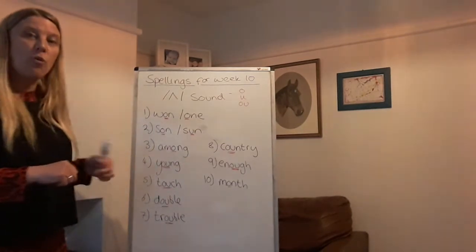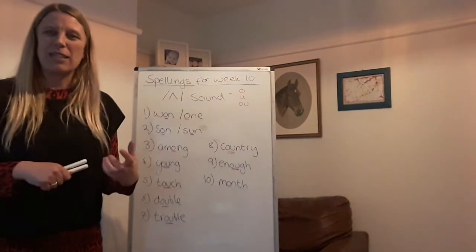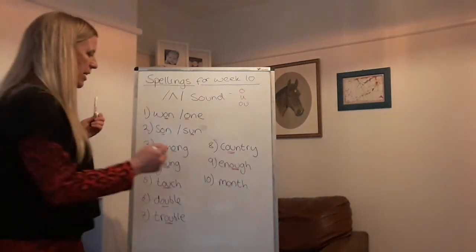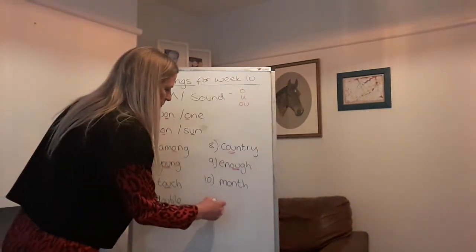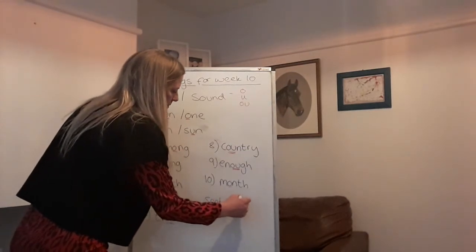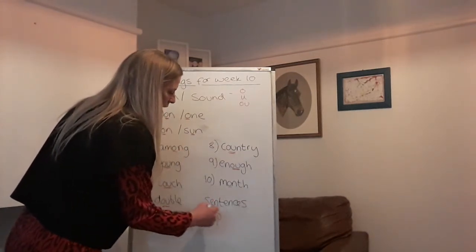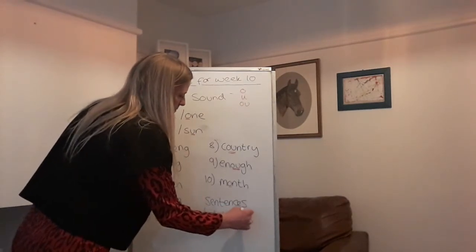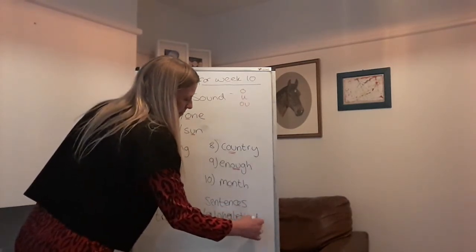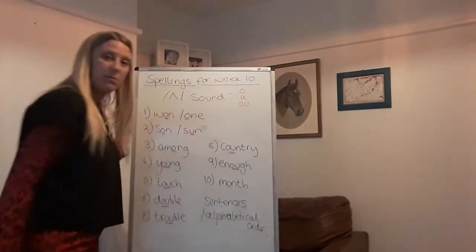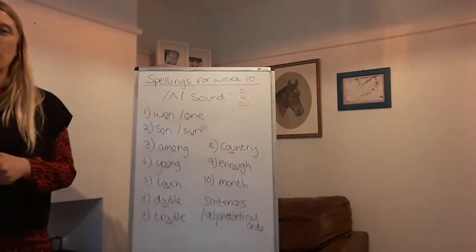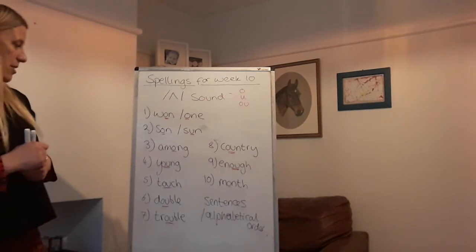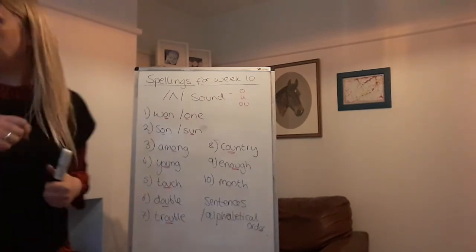So I want you to learn those for next week's spellings. I also want you to make sentences with them, and you can also put them in alphabetical order. All right? So that's for next week.